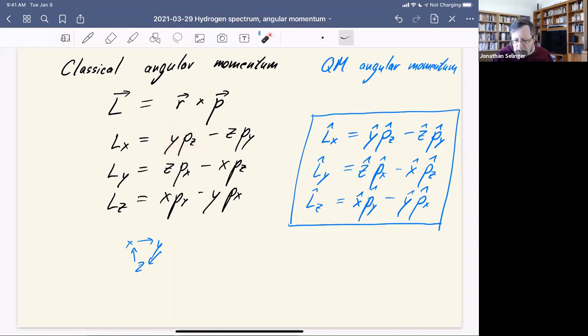And so how do we know which should go first when we make this generalization to quantum mechanics? Luckily, it doesn't matter, because y and pz commute with each other.